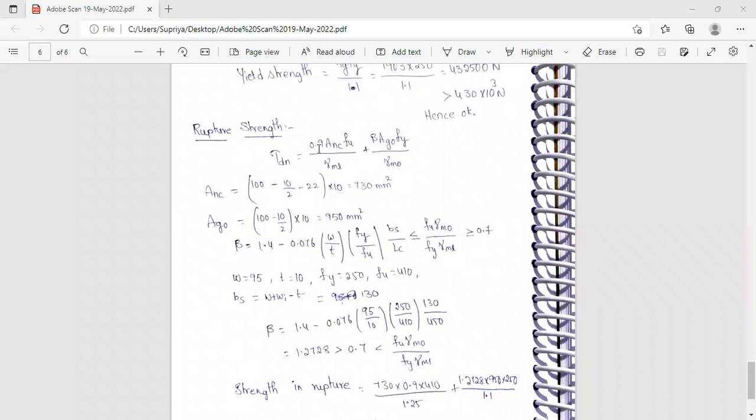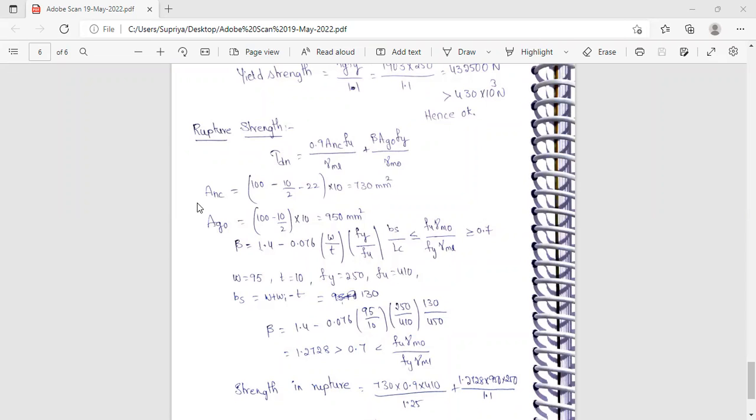Tdn is equal to 0.9 Anc fu by gamma m1 plus beta Ag0 fy by gamma m0. Okay. So Anc means net area of connected leg. So 100 minus 10 by 2 minus 22 multiplied by 10. Net area of connected leg.